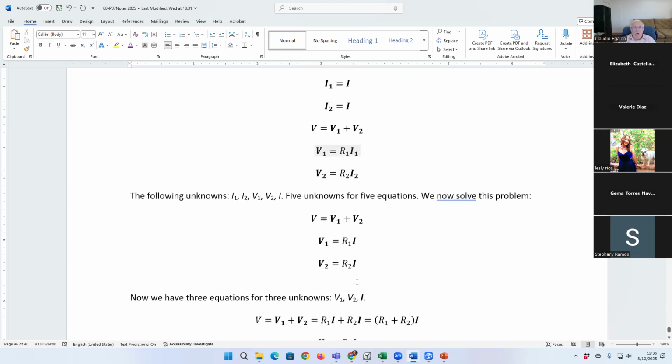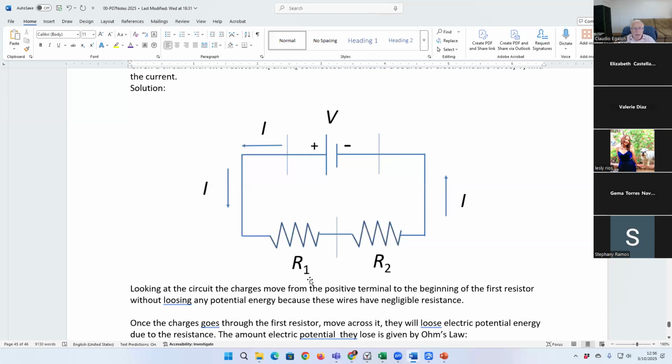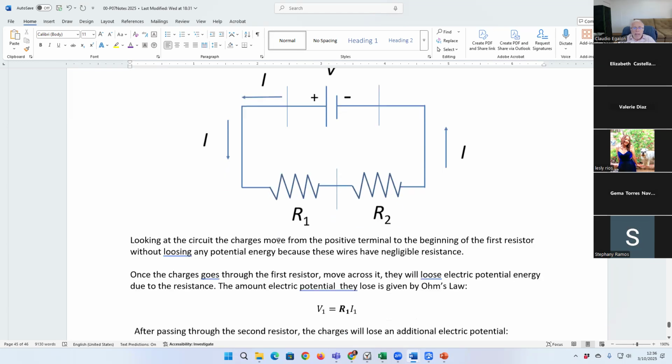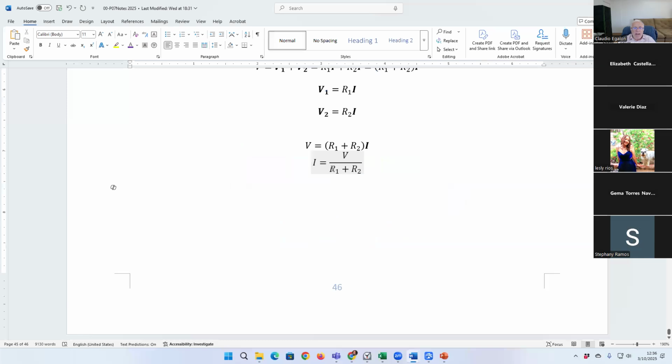This configuration that you see right in here is a configuration of 2 resistors in series. We have 2 resistors in series behaving as though they are a single resistor with an equivalent resistance of R1 plus R2.